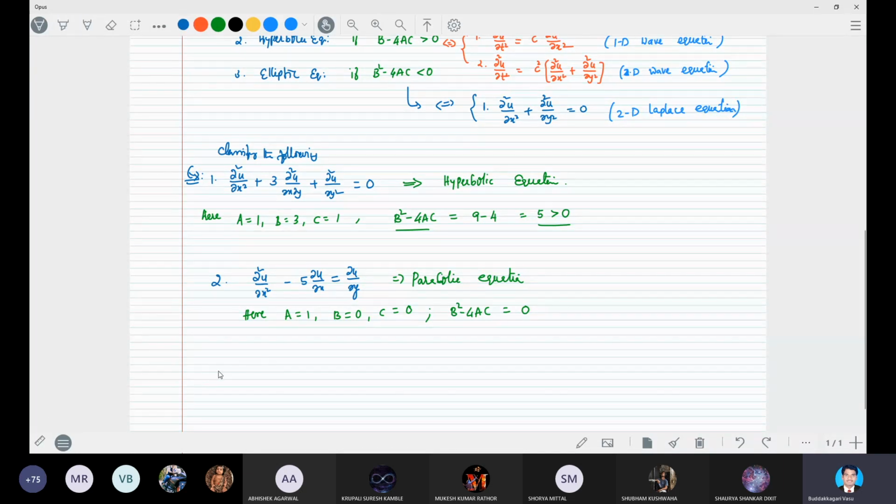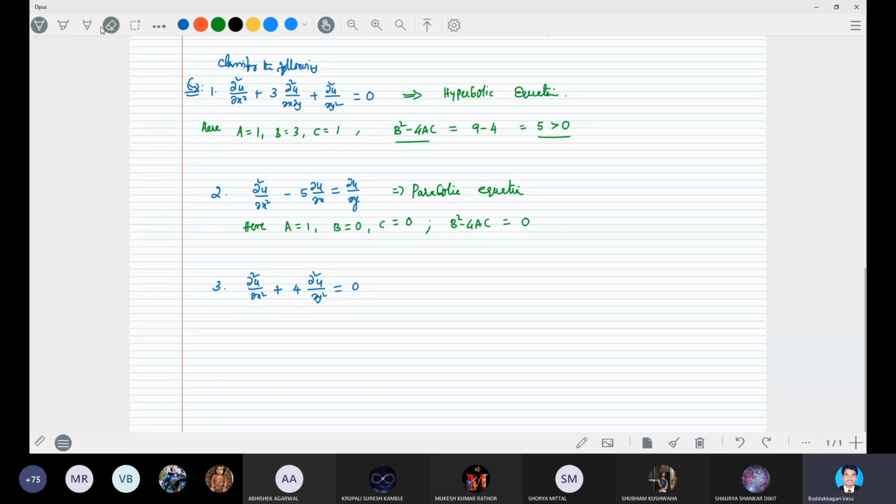Okay. You see another example where we can write ∂²u/∂x² minus 4 ∂²u/∂y² is equal to 0, with a plus or minus sign. Now check it. What is this equation?